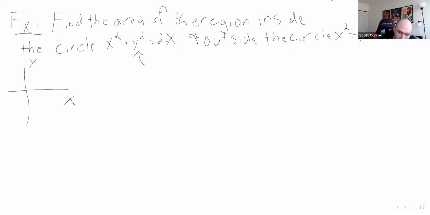So let's bring the 2x over. x squared minus 2x, what do I need to add to make a perfect square?